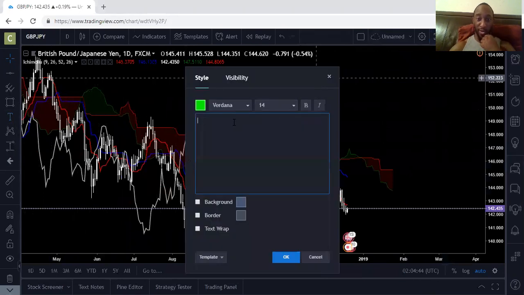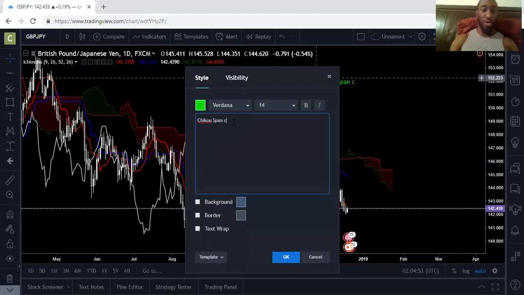Chikou span is usually green. So I'm going to type out what it is for you guys. Let me get my notes out. Chikou span: current closing price. I'll explain this in a bit. It is shifted 26 periods in the past.